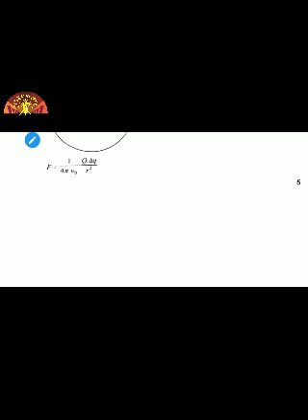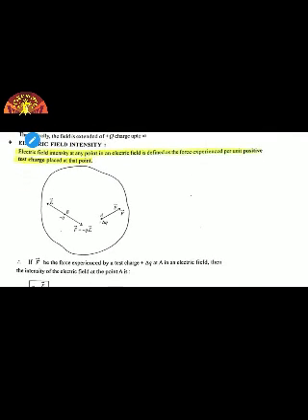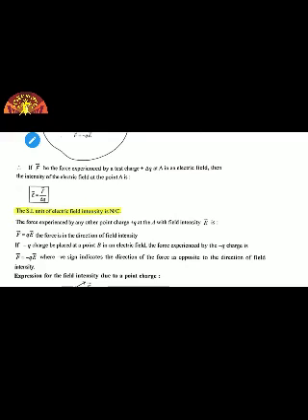Now let's see the electric field. If we have to calculate the electric field intensity due to any particular charge, then it is calculated as F by del q. As you have seen, del q was the charge on which we were calculating the electric field intensity due to the charge capital Q. So this is the formula you need to remember: E equals F by del q.